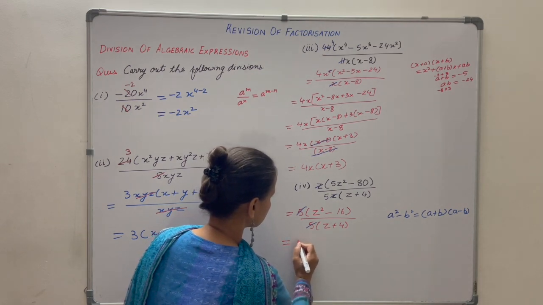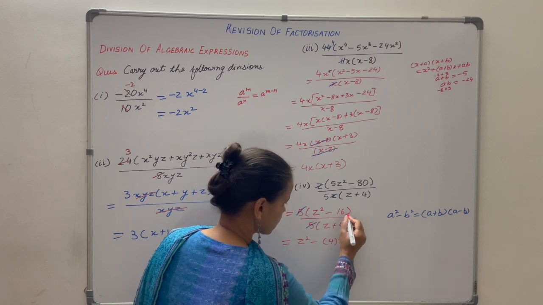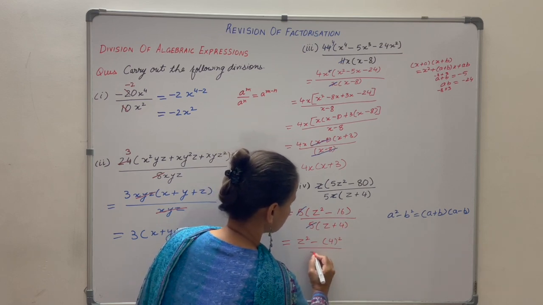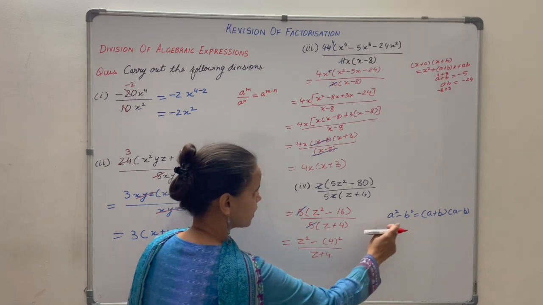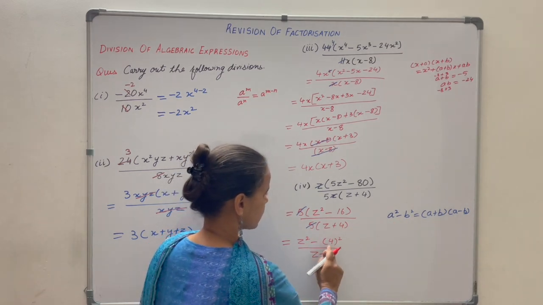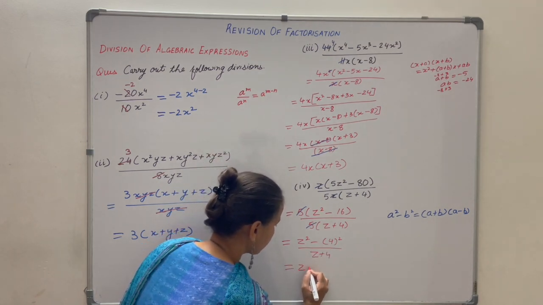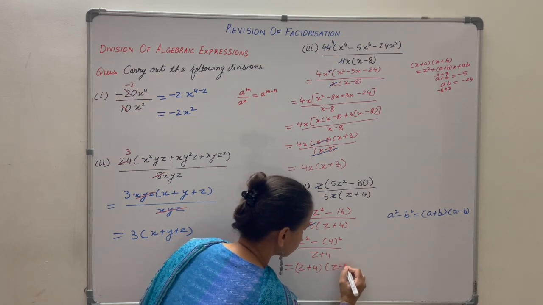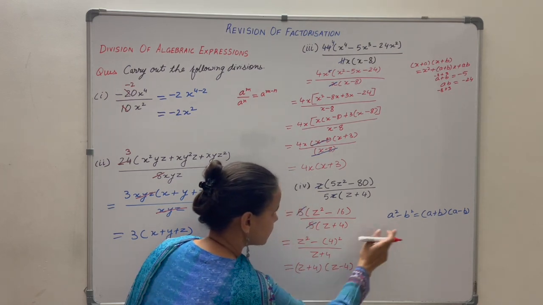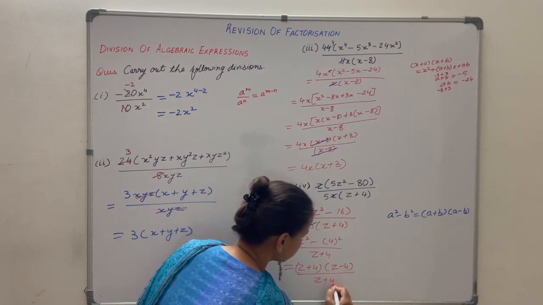That is equals to z square minus of 4 square is 16 upon z plus 4. So you can clearly see your a is z and b is 4. So a plus b here is z plus 4. A minus b is z minus 4 because a is z, b is 4, divided by z plus 4.